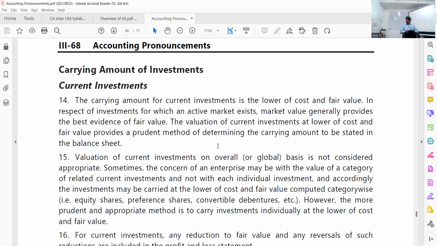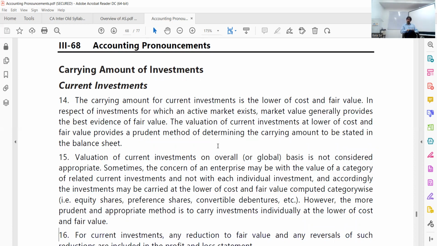Even though you haven't sold it, there is a 10 rupee loss expected. Yes or no? In case you decide to sell these investments in the next year, there is a possibility of a loss. What is prudence? Provide for all losses. Do not anticipate a gain.